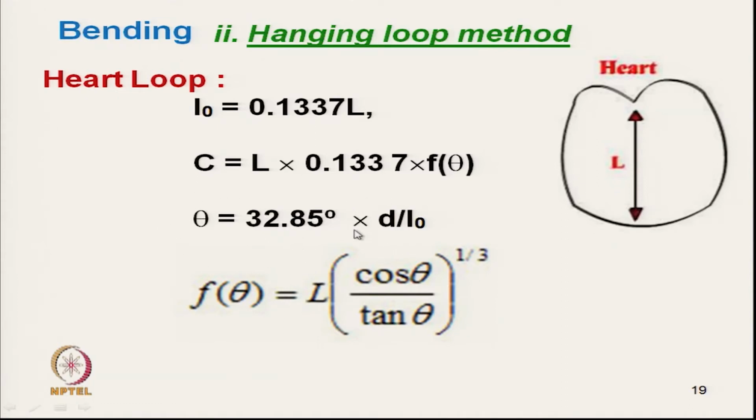L 0 is a constant for a particular type of loop. For the Hart loop this is the constant value, and only the d value is a function of the stiffness. So, the stiffer the fabric, the d value will be low, and that changes the theta value, and the theta value changes the function of theta value, and from there we can calculate.